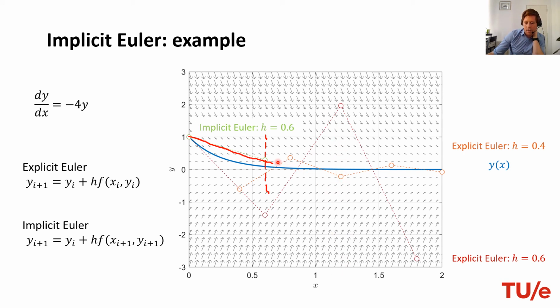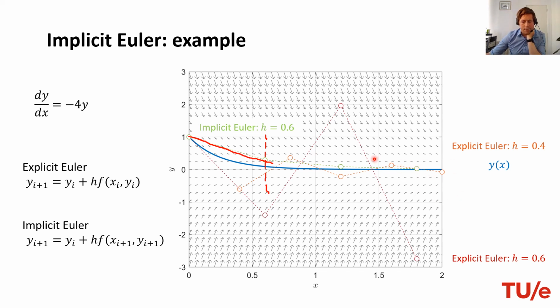And we want to draw a line from this point up until x is 1.2, such that that line is tangent to the direction field at x is 1.2. So it turns out to be this line. It's not clearly visible because of the resolution of these arrows, but if we were to draw more arrows, you would see that here at x is 1.2, this line is tangent to the direction field, and then our new solution lies here. And we continue to do so until we reach our desired horizon.